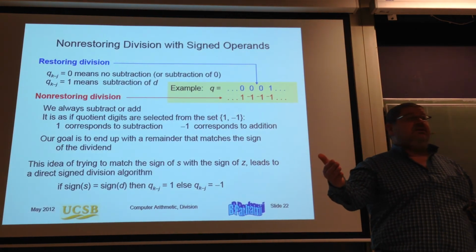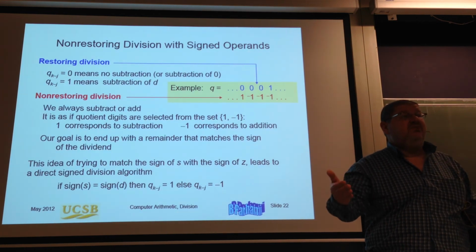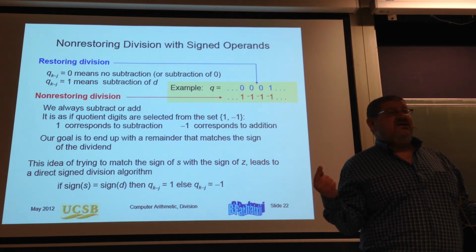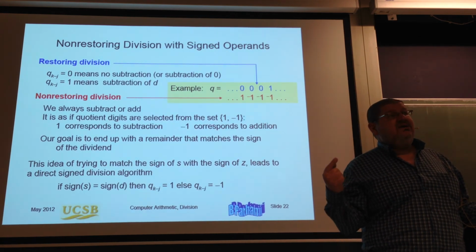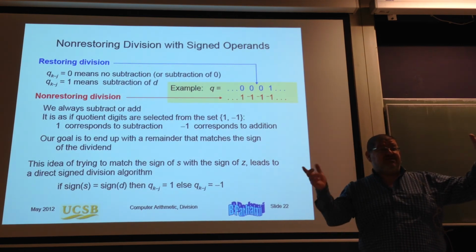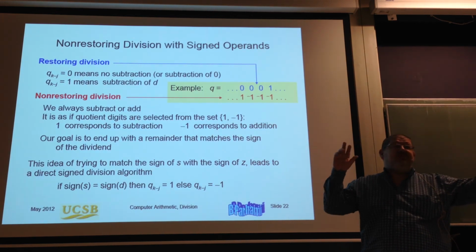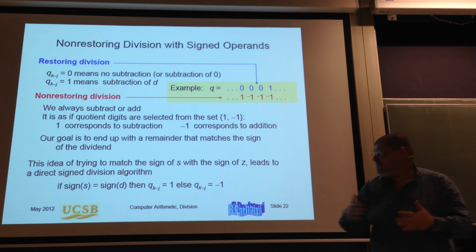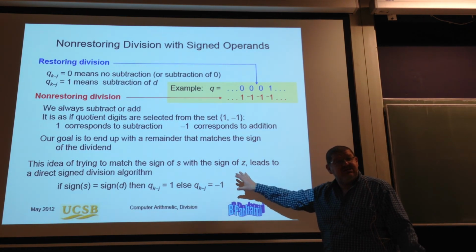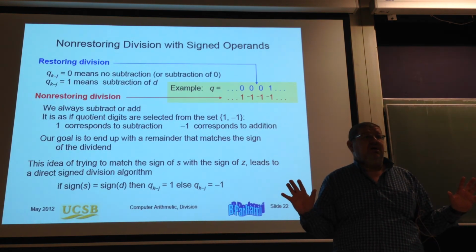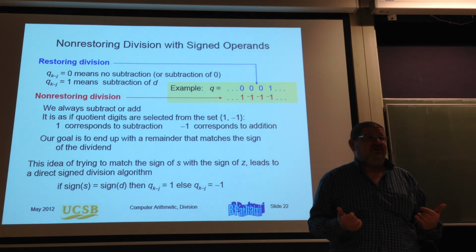After I finish my calculation, I may end up with a sign of the remainder which is not good. Then I will need an extra cycle at the end in order to correct it. If Z is positive and my remainder is negative, I have to make my remainder positive. Or if Z is negative and my remainder is positive, I have to make my remainder negative. So what I have in this situation is signed division in k plus 1 cycles. The plus 1 may or may not be there.